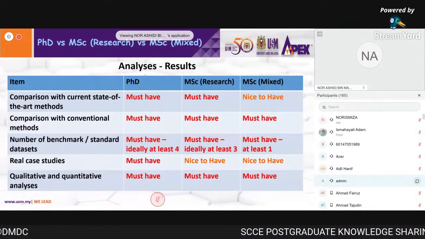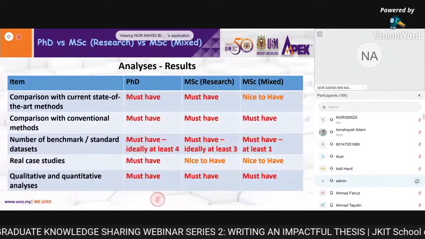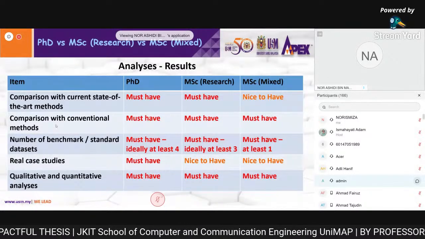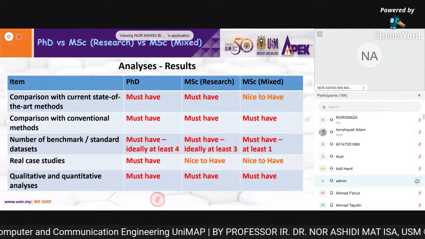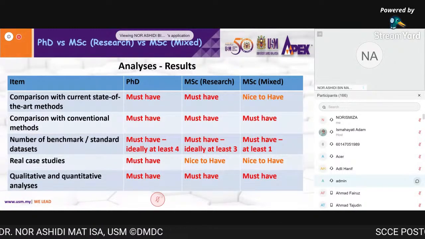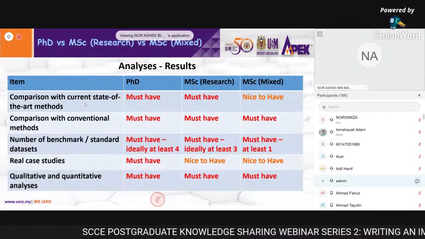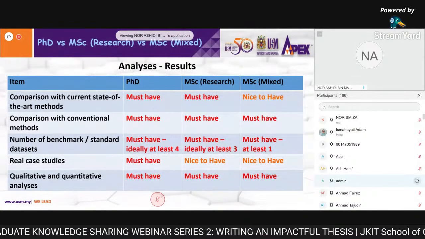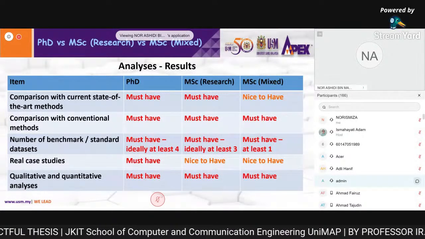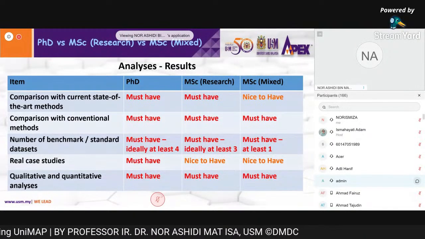Okay, and then for the PhD, and the master, it's not just that. You also need to compare with the current state of the art methods. Let me give you the example of the MLP there. The basic neural network is the MLP. Now you modified the architecture of the MLP, and there are also existing methods that modify the MLP. Let's say, for example, there are 10 methods which try to modify the architecture of the MLP, and all of those research works claim that they are better than the conventional MLP.